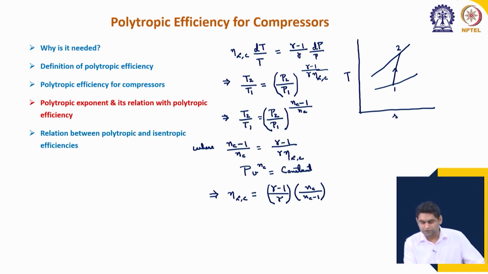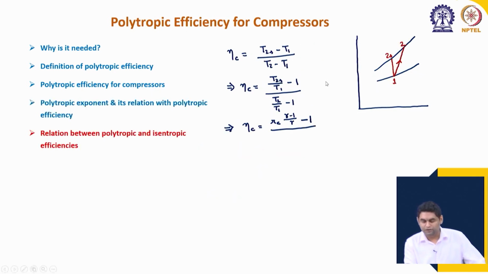Remember, for a polytropic process we have T 2 by T 1 equal to P 2 by P 1 to the power gamma minus 1 by gamma eta infinity c. So, this will be R c to the power gamma minus 1 by gamma eta infinity c, minus 1. This is the relation between the isentropic efficiency and the polytropic efficiency.